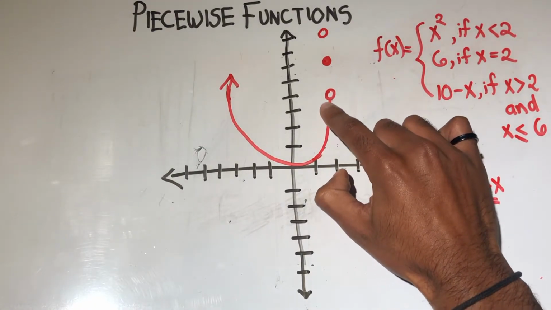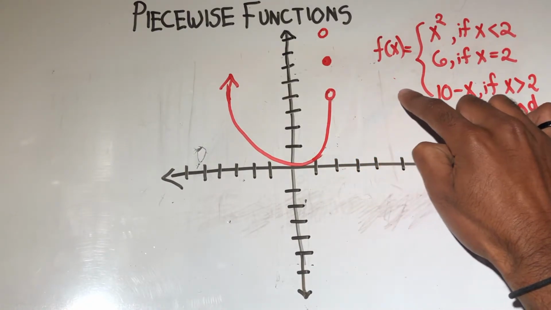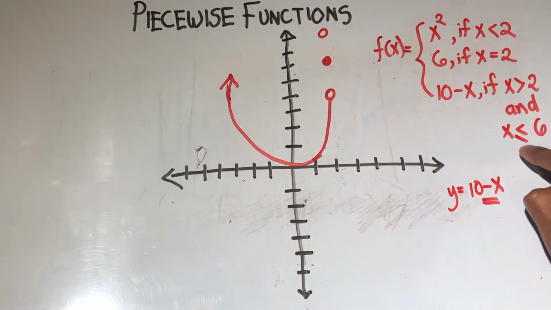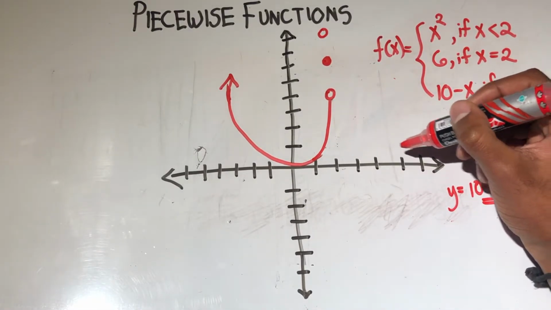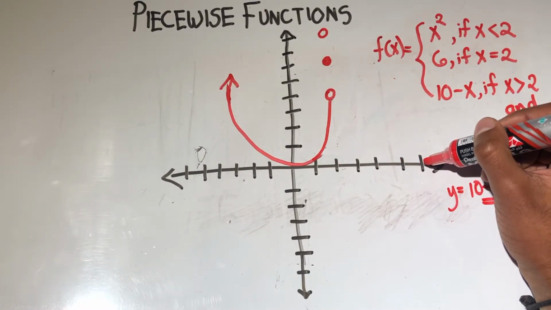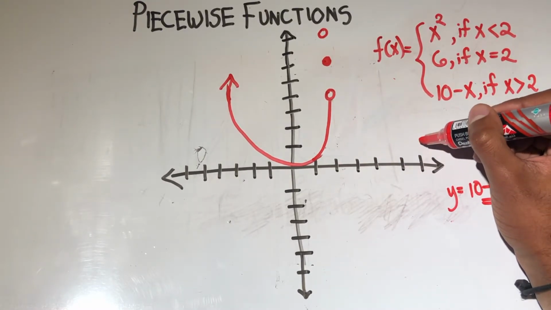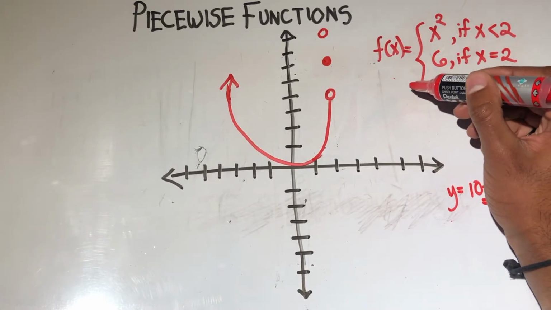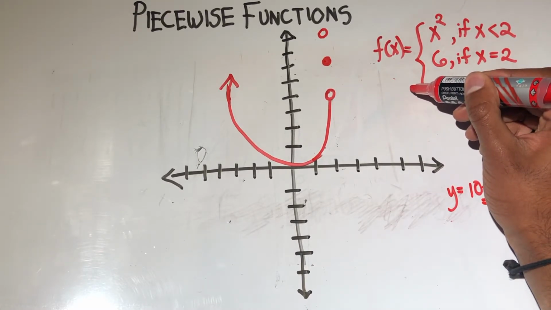So 1, 2, 3, 4 at 6. So we go 1, 2, 3, 4, 5, 6 units to the right and up 4 units. 1, 2, 3, and 4. Right here.